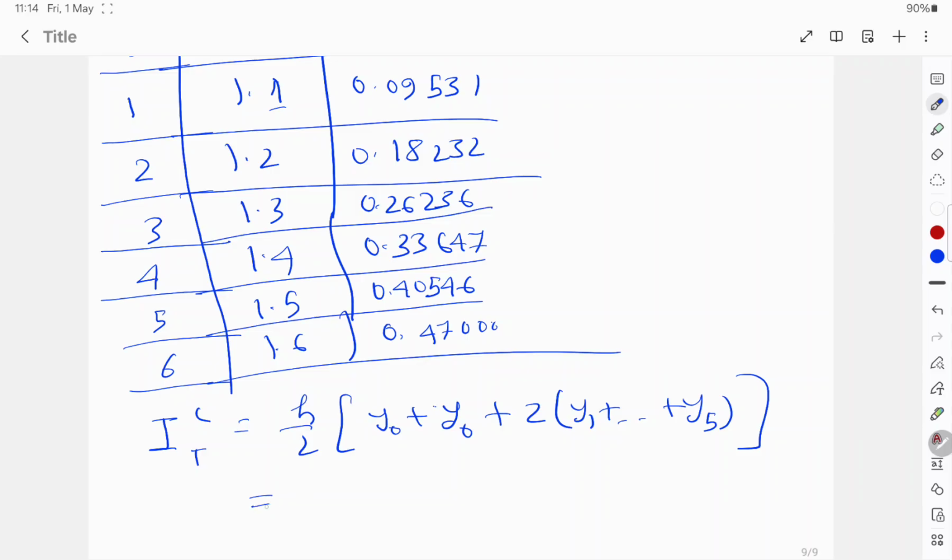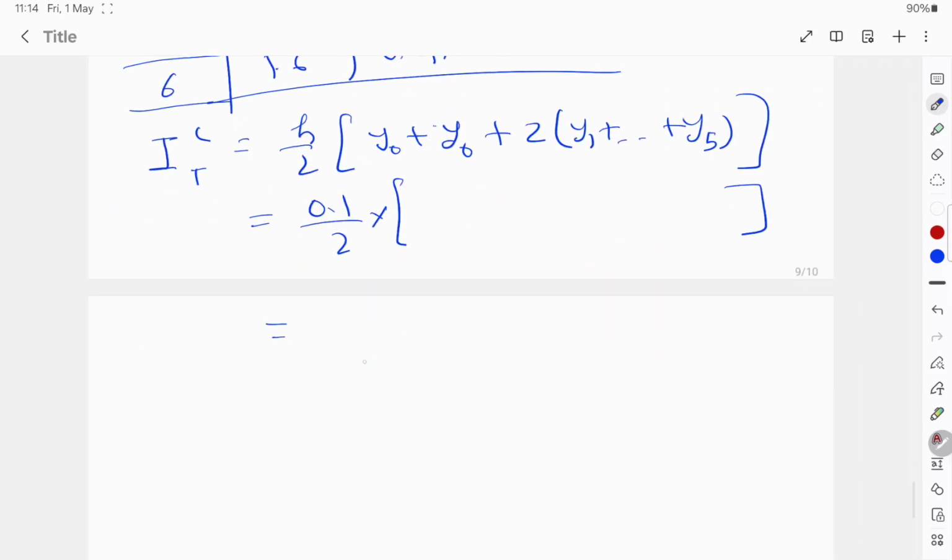Then after that you do the calculation, write all the terms, and find the answer.